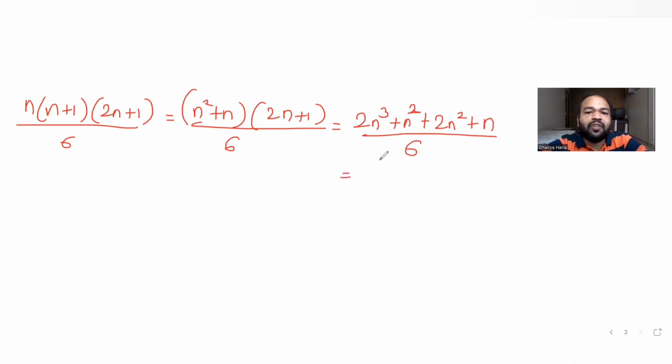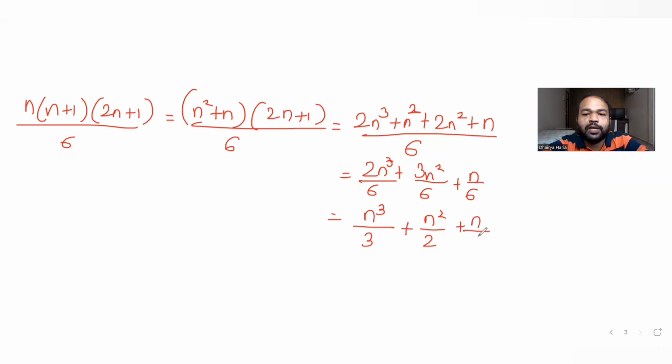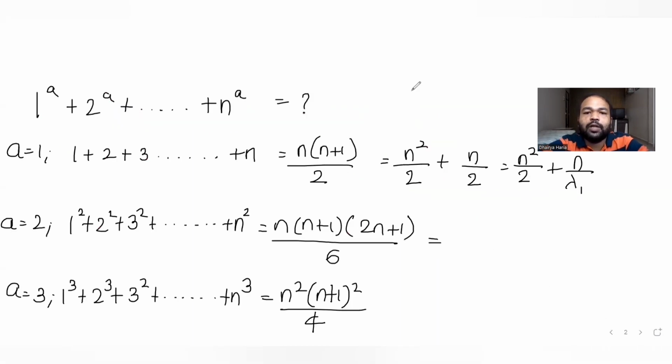If I split this, it comes to 2n cube plus 3n square plus n by 6. So I get n cube by 3 plus n square by 2 plus n by 6. So you get this expansion as n cube by 3 plus n square by some constant lambda 1, and n by some other constant lambda.